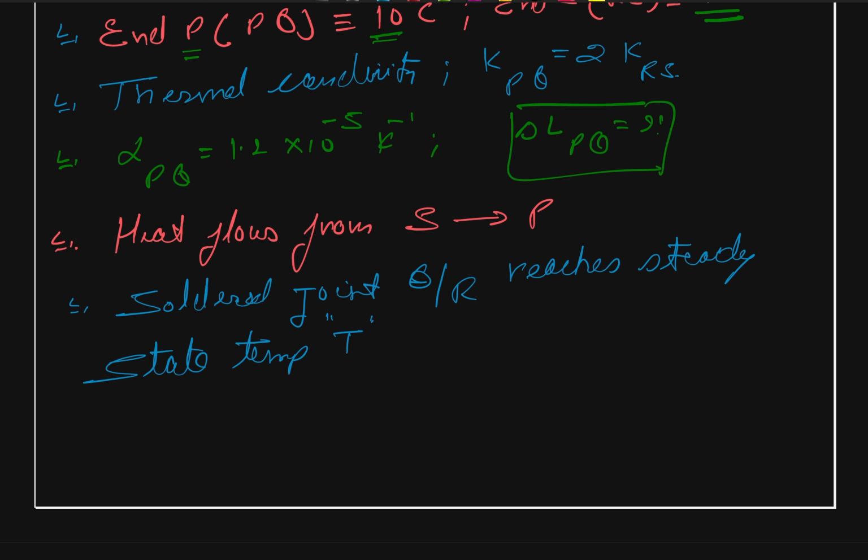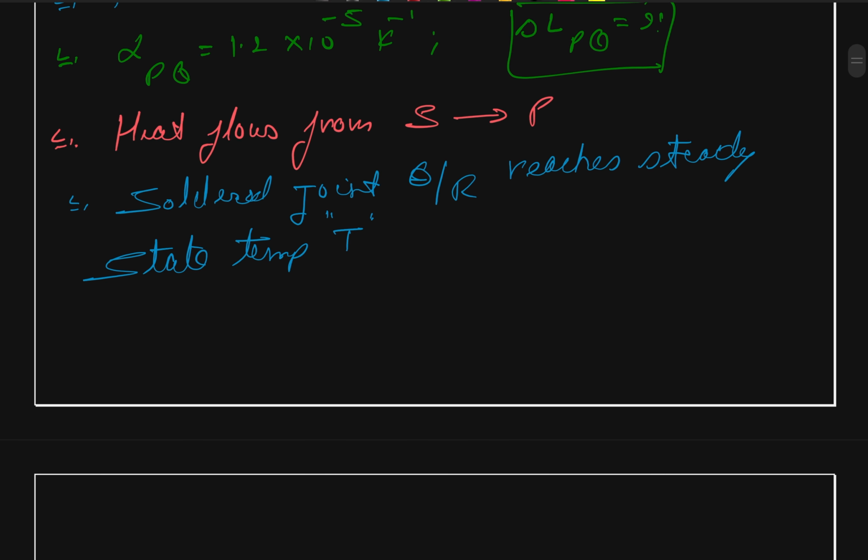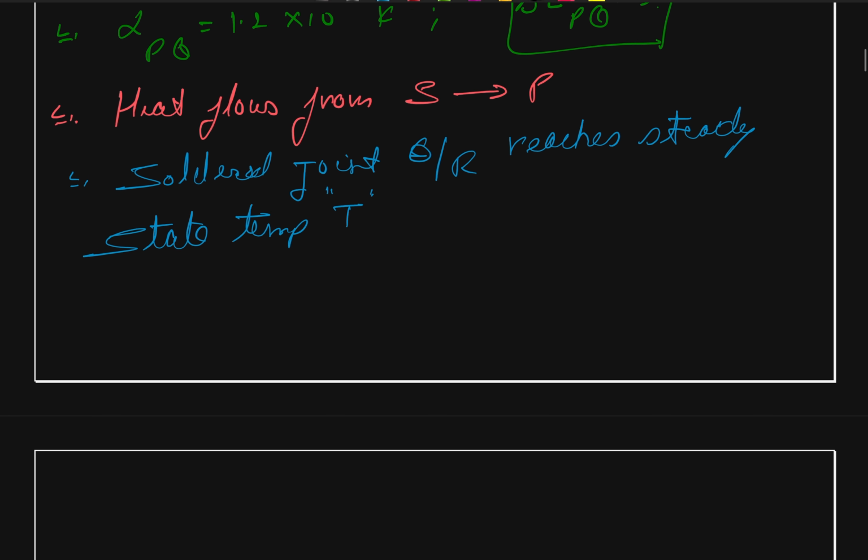And for this heat flow we can use the Fourier law, which states that the heat flow through a system Q is equal to K A delta T upon L, where K is our thermal conductivity, A is the cross-sectional area, delta T is the change in temperature, and L is the length.